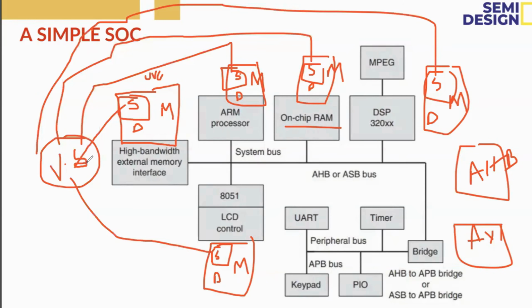Okay, so we are going to define how to drive all the sequences at the system level. Suppose here there is an IP called UART, or there is a PIO, peripheral IO, or there is one GPIO. So how can we drive the sequences here?